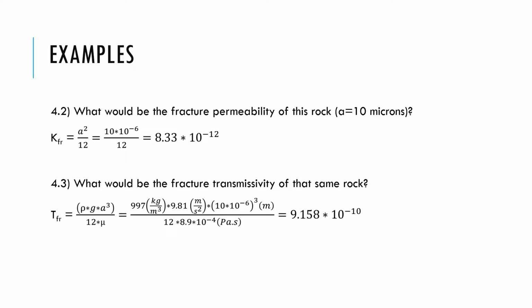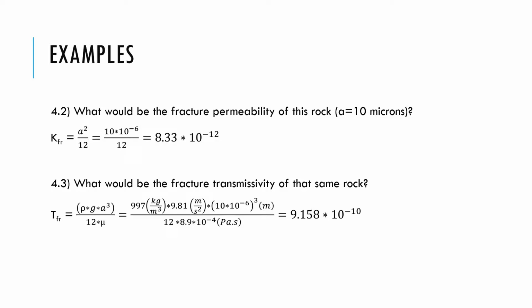So on top there you can see rho times g times a to the third, and that's why it's called the cube law, because it takes into account the cubic nature of these apertures. And this is all over 12 times mu, which is the dynamic viscosity.